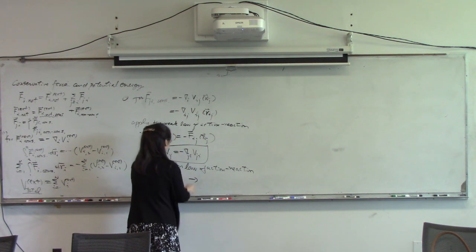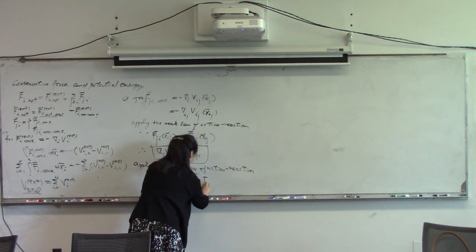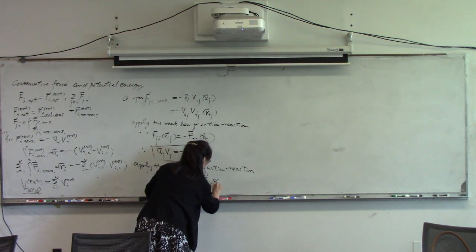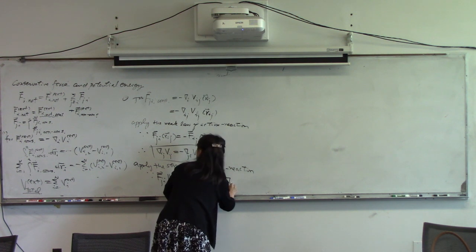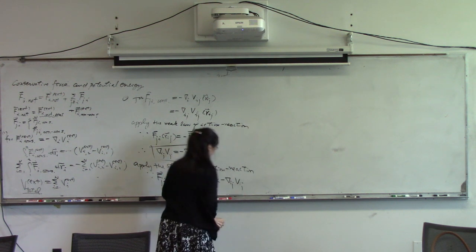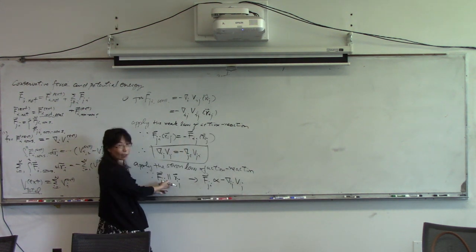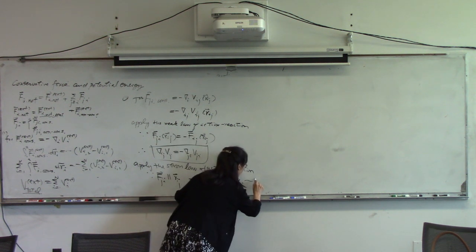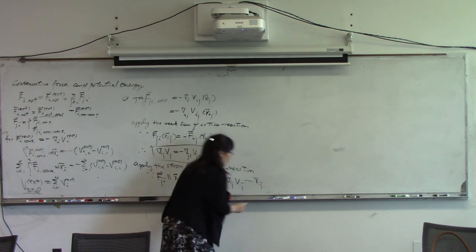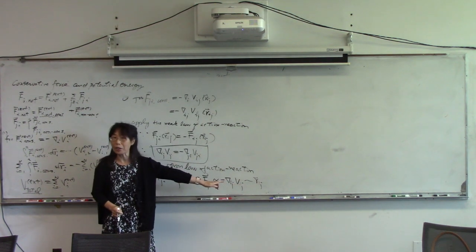You can see here, this force is proportional to the negative gradient. Whatever this is, I use this F_ij, right? If the force is parallel to this, then the direction should be along r_ij, right?